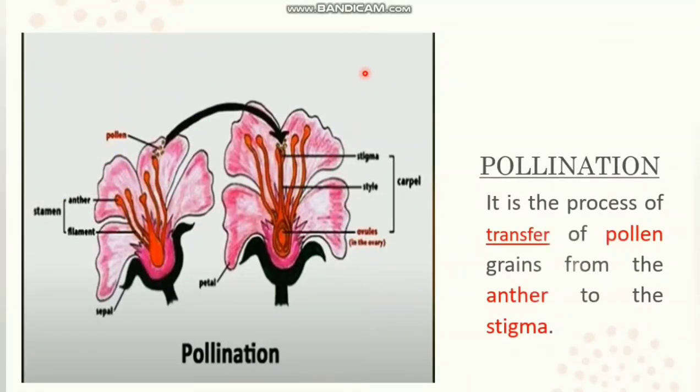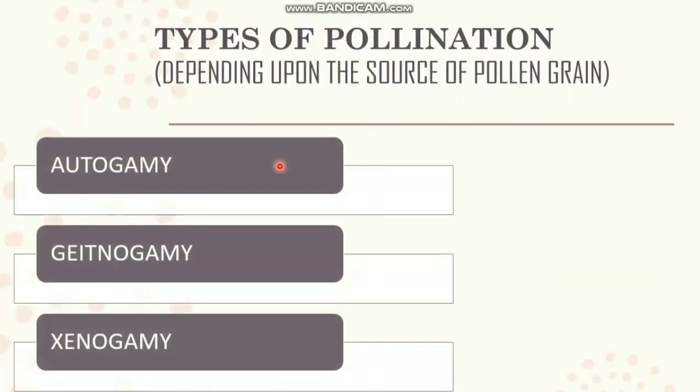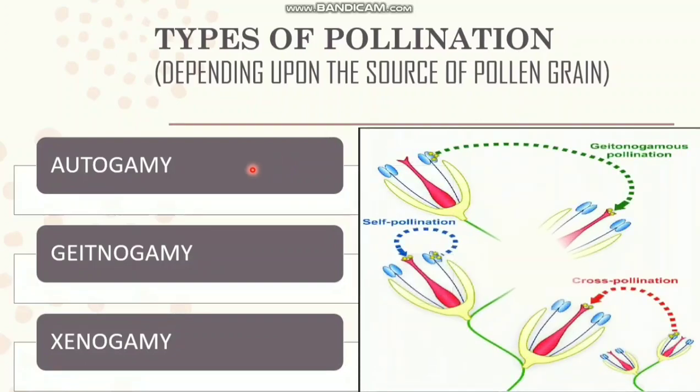You can define pollination as a process in which pollen produced by the anther is transferred to the stigma of a pistil. Depending upon the source of pollen, pollination is divided into three types. First is autogamy, which is also known as self-pollination.